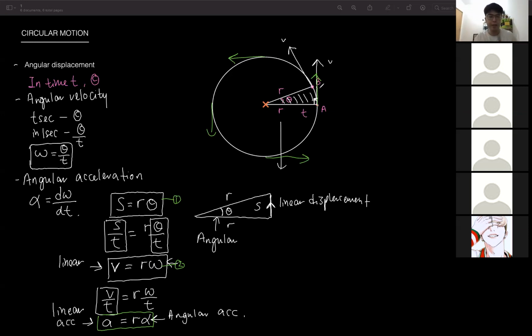The axis here is at the center. Imagine the line at the center pointing towards your face, sticking out from the screen. So the circular motion is controlled by this axis. This is a very important axis because it controls the direction of the circular motion.